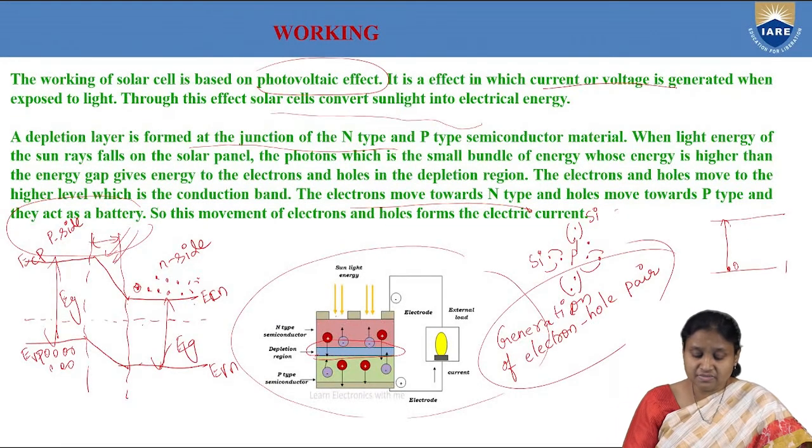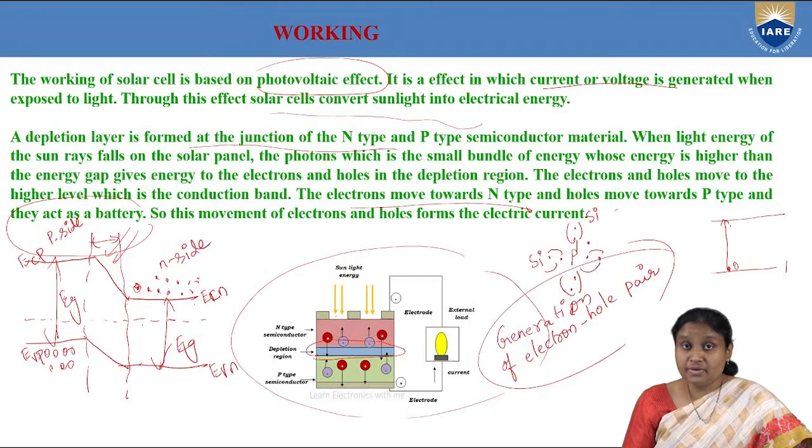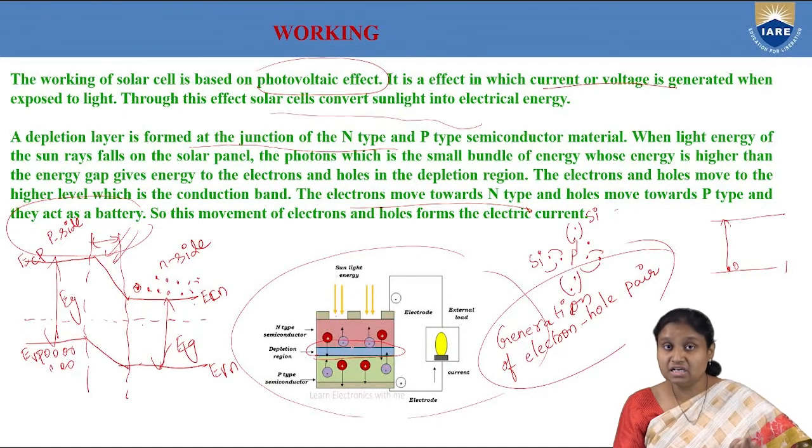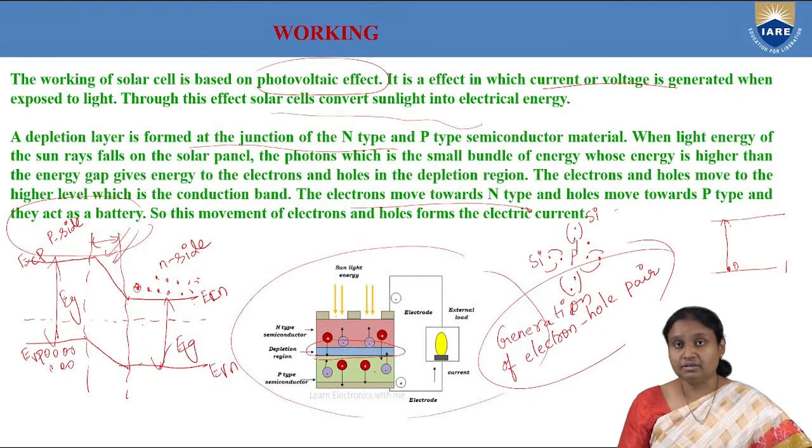If you look at this figure, the positively charged ions on the N side of the depletion layer move in this direction, and the negatively charged ions go in this direction because of the sunlight, and because of this movement of immobile charge carriers, we are going to get current.